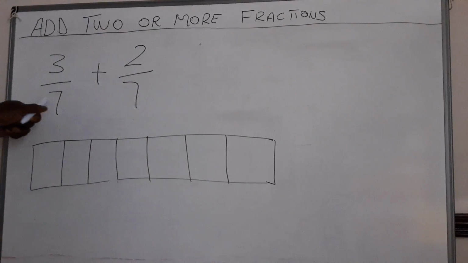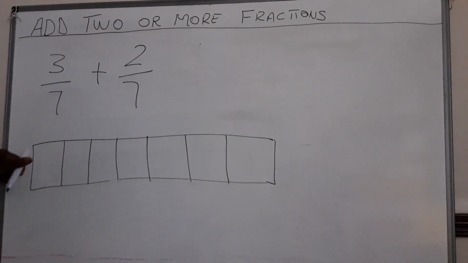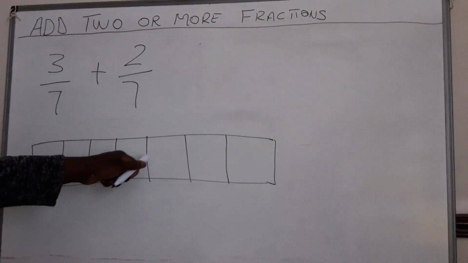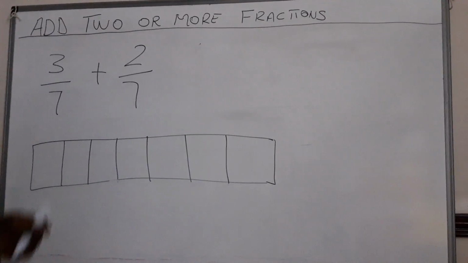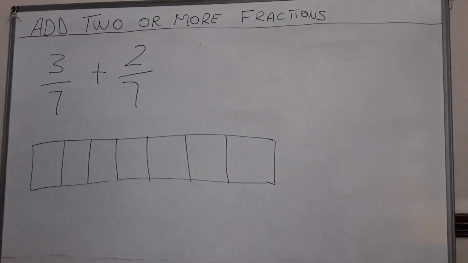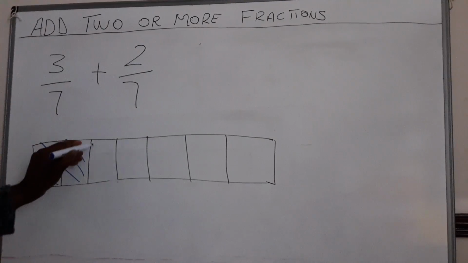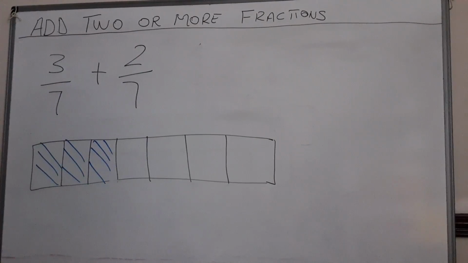So the denominator is asking us to split the bar model into 7 equal parts. So we can see 1, 2, 3, 4, 5, 6, 7. So we've split the bar model into 7 equal parts. So let's shade the first fraction. First fraction says we should shade 3 parts of the bar model. So we have 1, 2, 3.